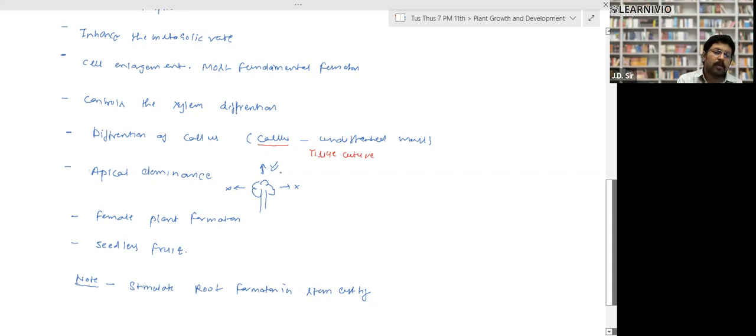So note it down: it increases the height of plant and suppresses the horizontal growth of plant.